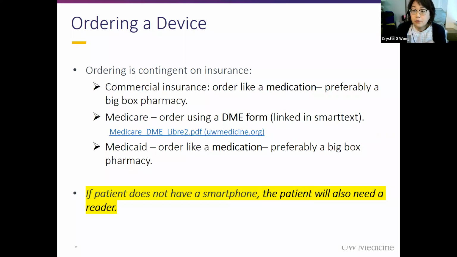So the consents and the referrals, and now you need to get the patient their equipment. So this is a little bit funky. For most insurance, commercial and Medicaid, you're going to order this like a medication. So just in the orders, little box on the bottom, you're going to type in Libre or Freestyle or whatever you remember it as, and it's going to pop up some Epic orders.